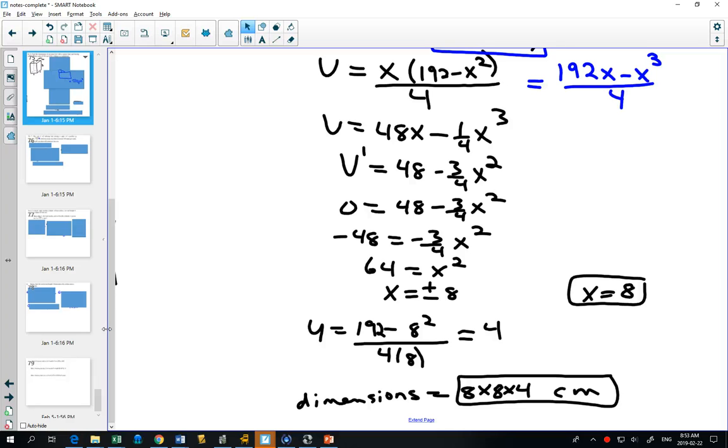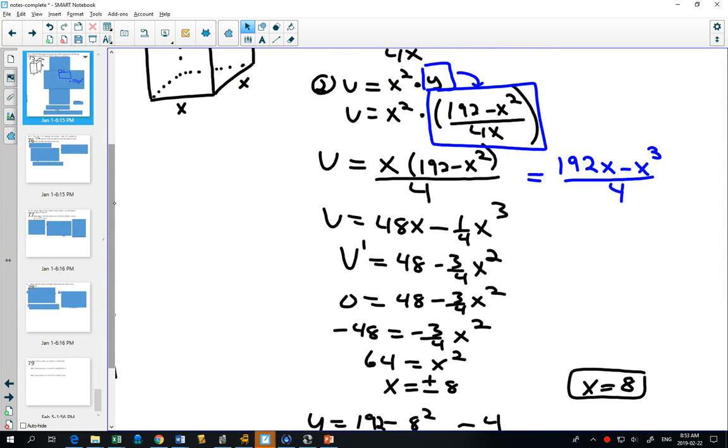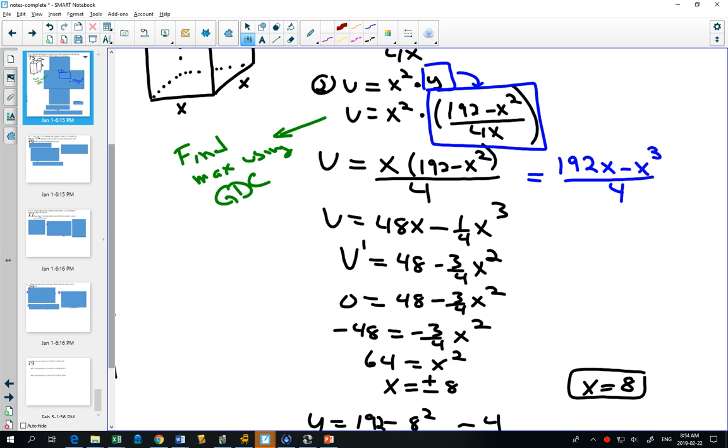Anytime you get a question like this that's calculator, as soon as you get volume equals, you could type that into your calculator and find your maximum immediately from your graph.